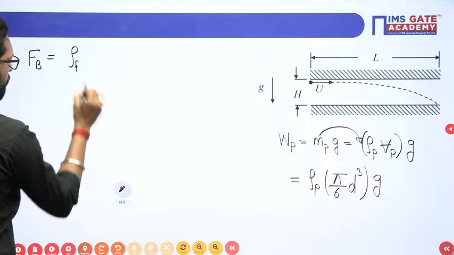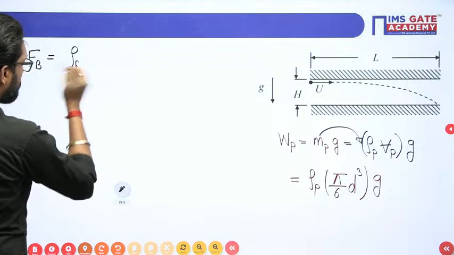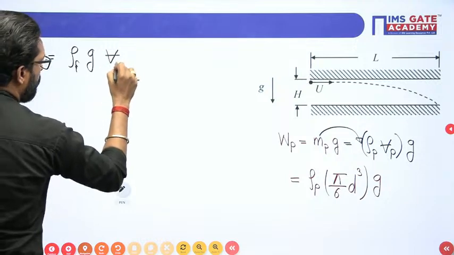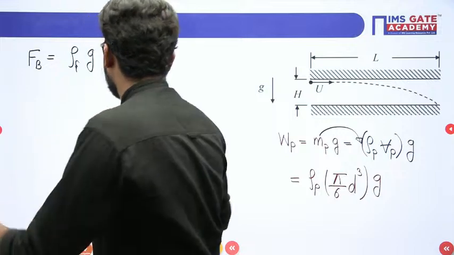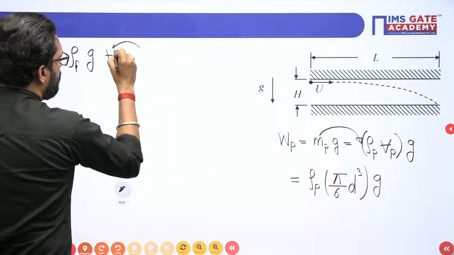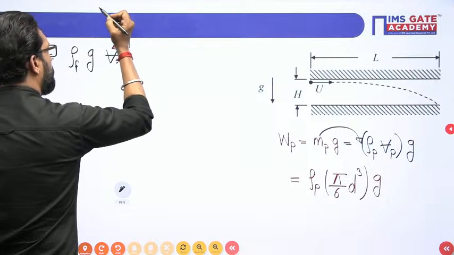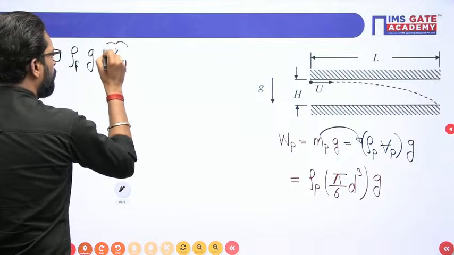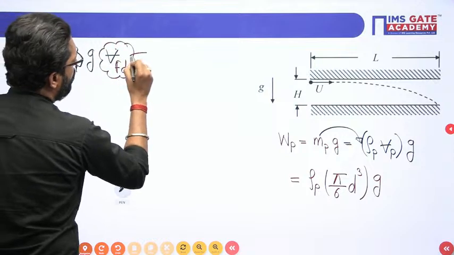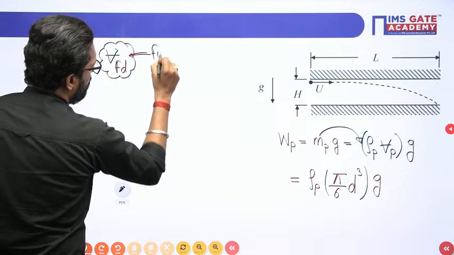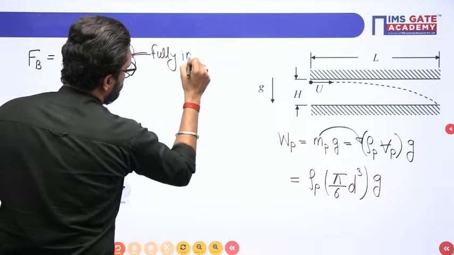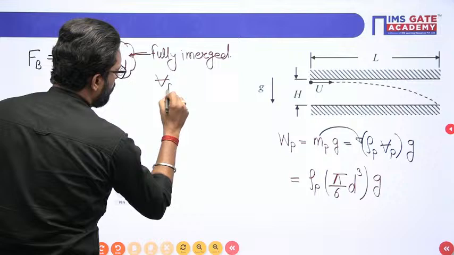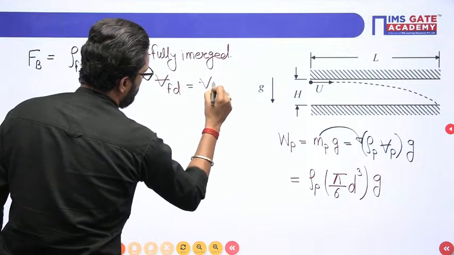Density of the fluid in which it is immersed, that means density of the fluid into g, and the volume of the particle. Why? Because this is generally the displaced volume, the fluid displaced. The particle is fully immersed, so the volume of fluid displaced is equal to the volume of the particle.